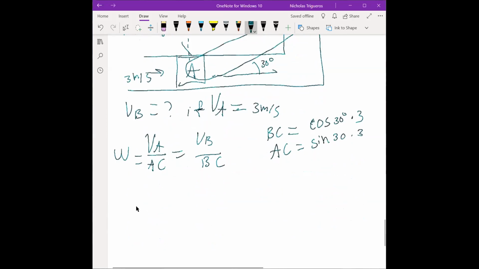So we can get V_A times BC divided by AC equals V_B. So V_B is 3 times cosine 30 over sine 30.